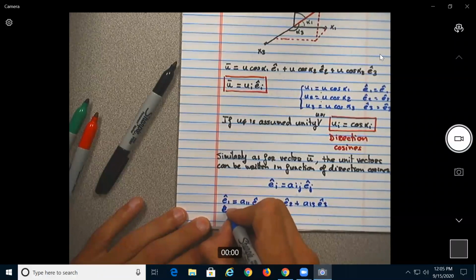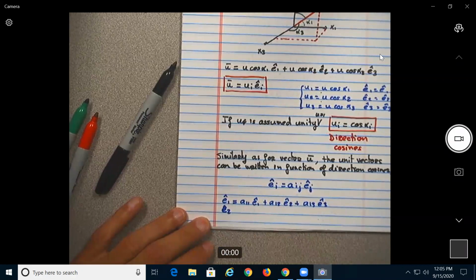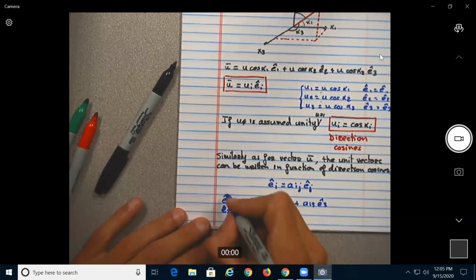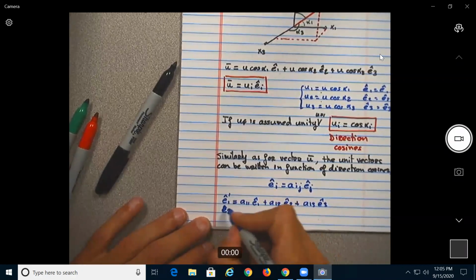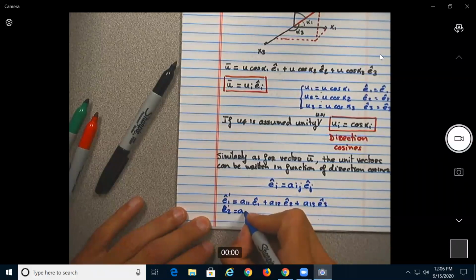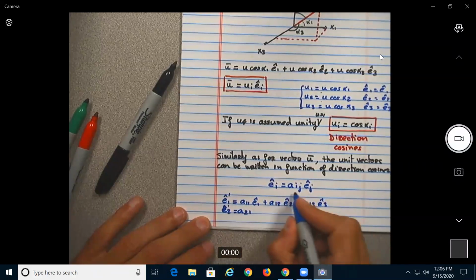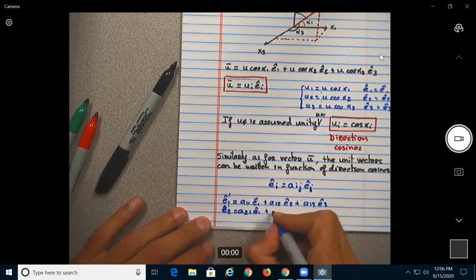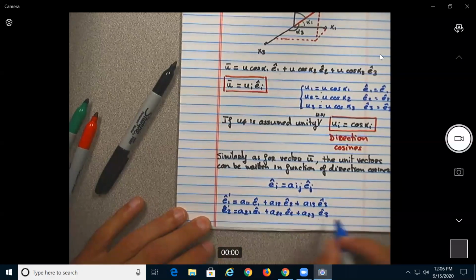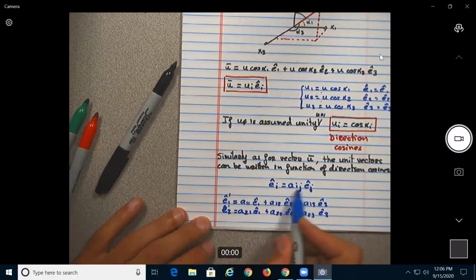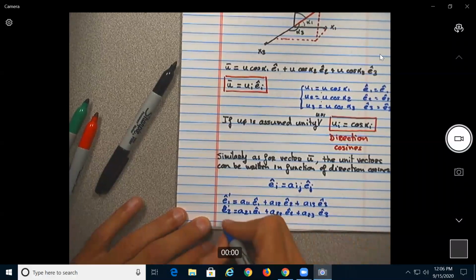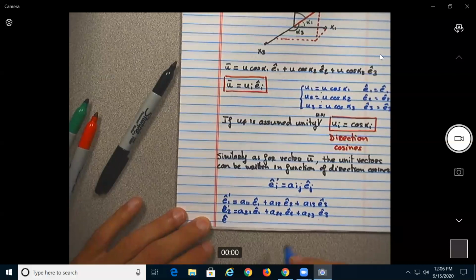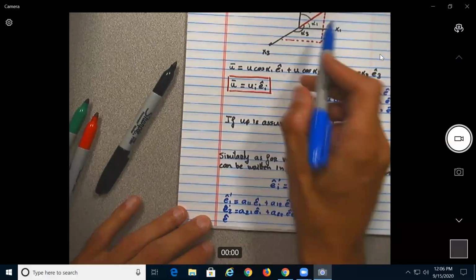E2', sorry, the E primes, when you do the rotation. Same thing, will be equal to a21 e1 plus a22 e2 plus a23 e3. I'm just substituting here. I forgot to put the prime here. This would be the rotation, same as before when we had x prime. These are the unit vectors of the current system.